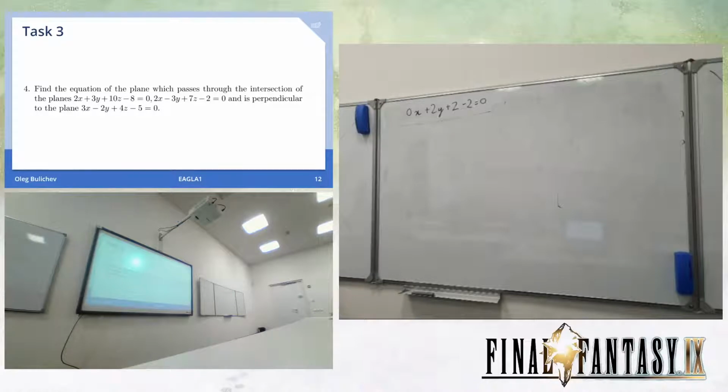For us, it's easier to operate with normal vectors in this case, because you can see some words like perpendicular and so on. You know a lot of properties of perpendicular planes. So try to figure out how to use this to solve the task.